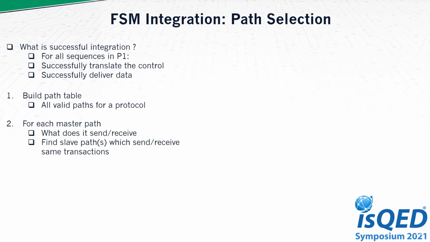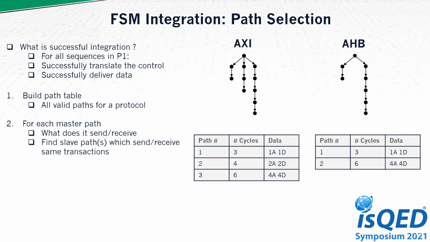That covers how to translate one sequence, but how can we define success for finite state machine integration? Well, for all sequences in protocol 1, we should be able to translate the control signals and successfully deliver the data to protocol 2. We solve this problem by traversing both protocols and building a table of all valid sequences which look like this.